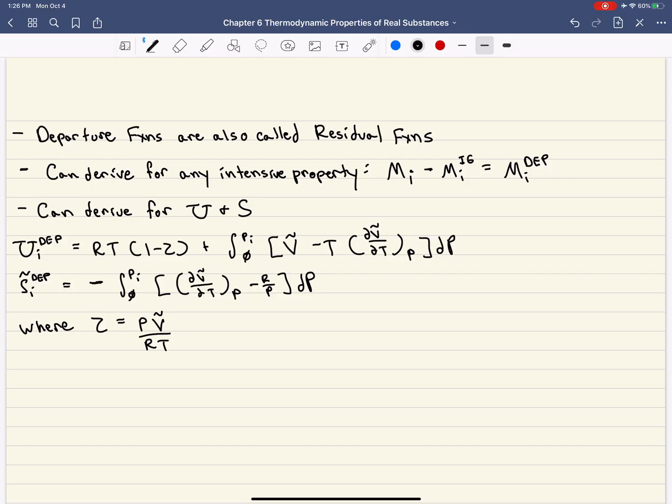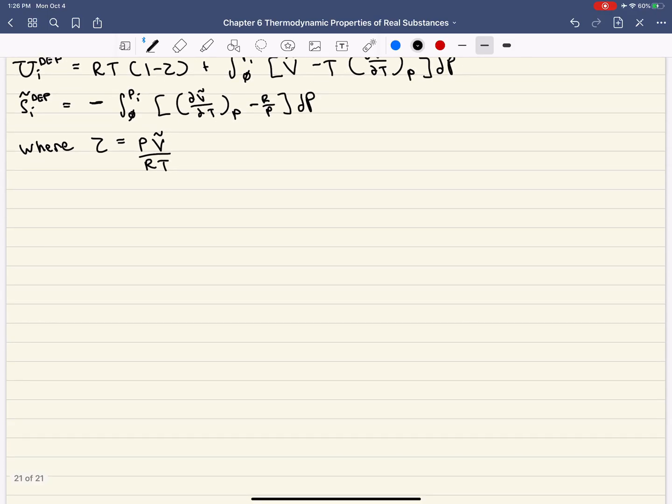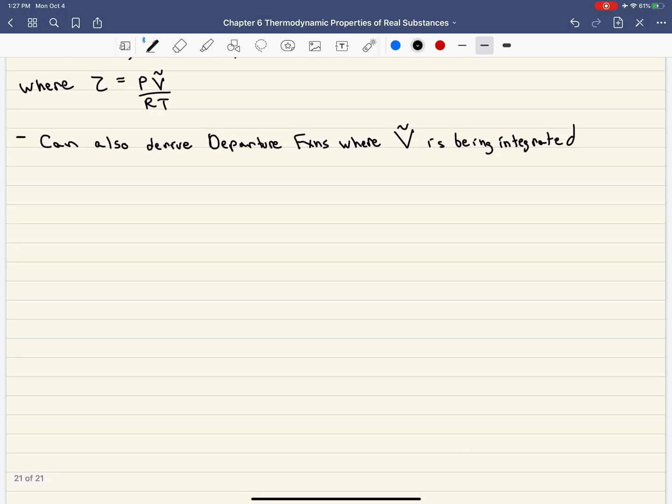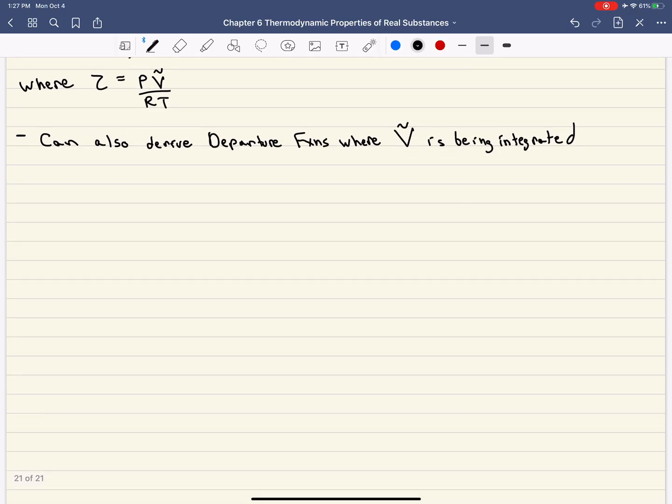And so it turns out that it's a bit more convenient to derive departure functions where instead of pressure being integrated, you're integrating volume. And then you would be taking a partial derivative of pressure with respect to temperature instead.